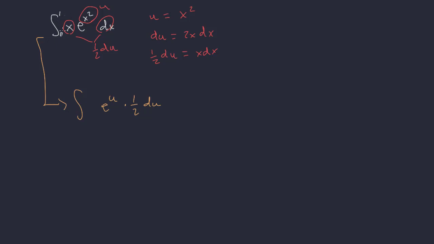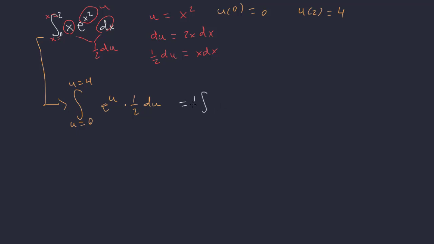And then we would have to change the limits. Actually, let me make this 0 to 2, so it's a little more obvious what's going on. When we put in 0 for the lower limit, u of 0 will be 0, and when we put in 2, we'll end up with 4. So we changed what we had here, which were x limits, into u limits, and we changed the whole integral into u.